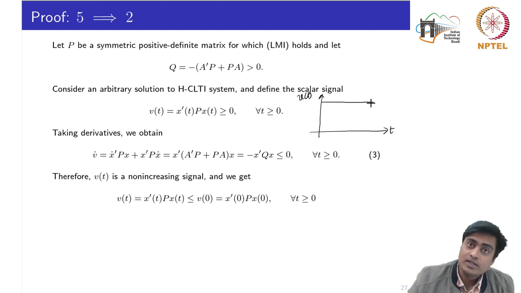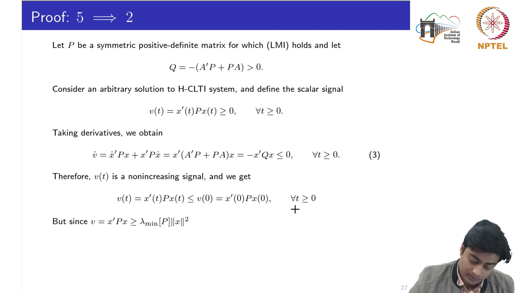This signal could be either a constant signal or a dying out signal. This signal would never increase. So if I compute the value at any time t, let's say t1, this value would always be less than or equal to the value at t equal to 0, right? And at t equal to 0, I can also put t equal to 0 in that quadratic form for all t greater than or equal to 0.